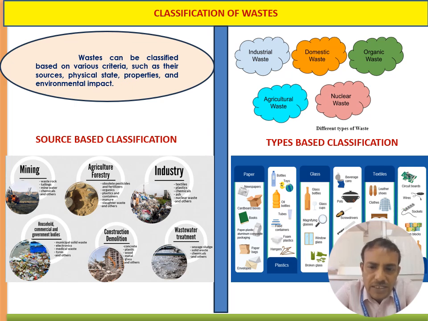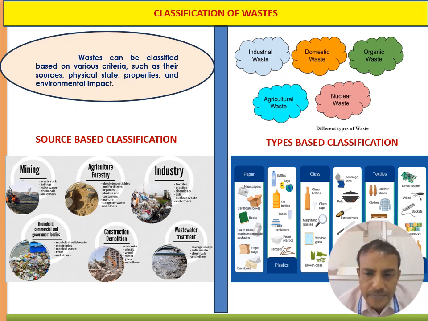So municipal waste even includes street waste and dead animals. These all belong to municipal waste. And construction and demolition waste. This generally happens in a construction area or demolition area. Debris, for instance, is an example for construction and demolition waste.